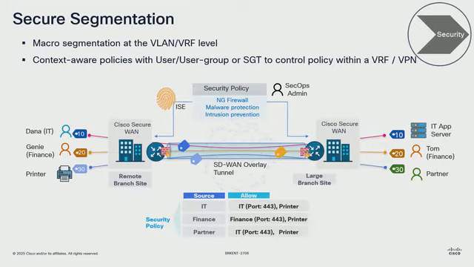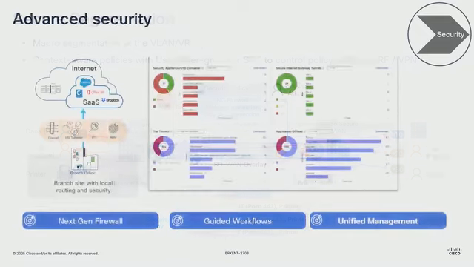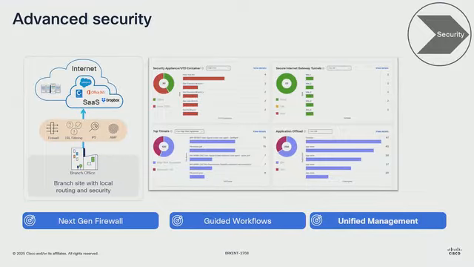We use these tags quite a bit in campus segmentation, in many environments, healthcare and so on, and you can use them across the SD-WAN fabric now as well. Of course, this is in combination with the coarse and fine-grained segmentation. You can also just create your regular firewall rules based upon IP addresses and apps and so on. But this coarse and fine-grained segmentation on tags can be quite helpful and quite powerful.